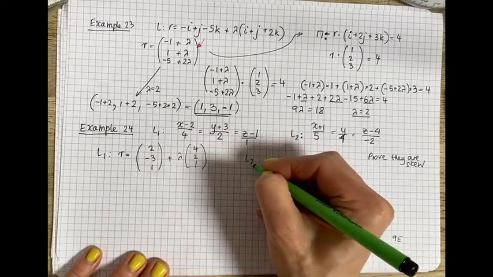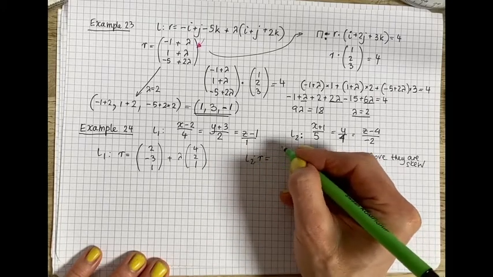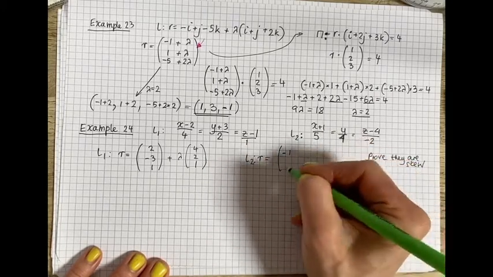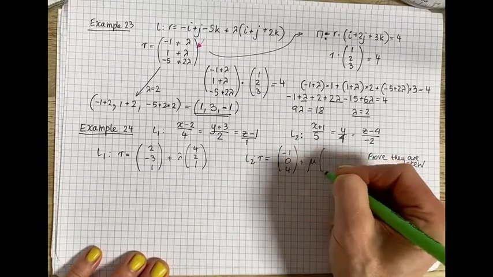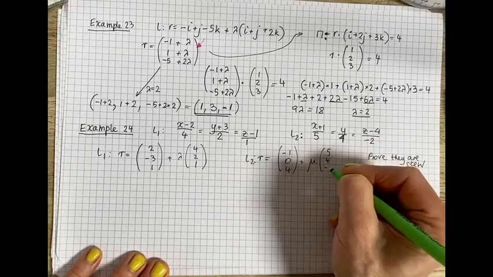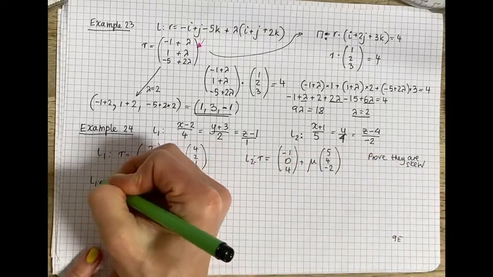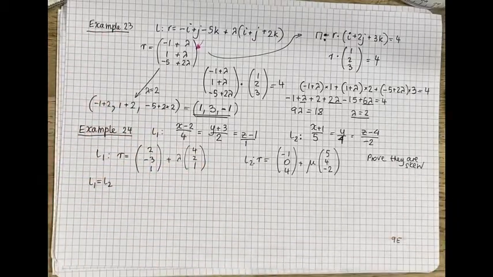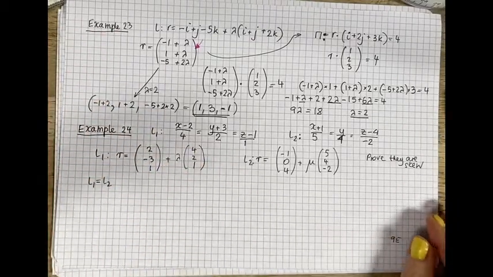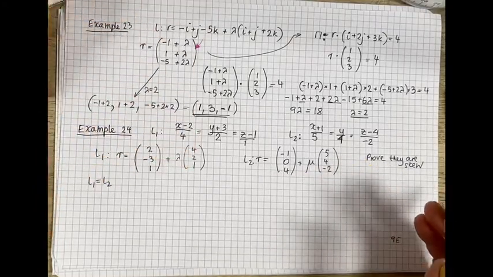And then L2 is going to be r equals minus 1, 0, 4 plus mu, and then 5, 4, minus 2. We're going to make them equal to each other, and we're going to, at least at the start, attempt to find the point of intersection, so make them equal to each other and fail.